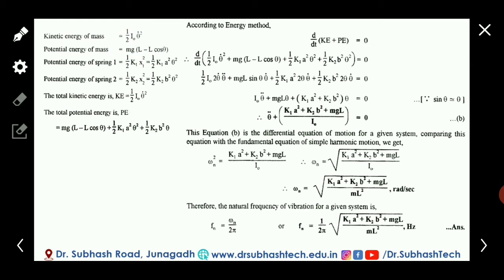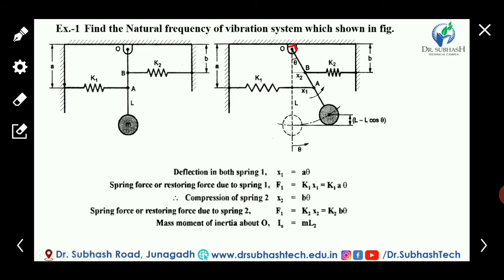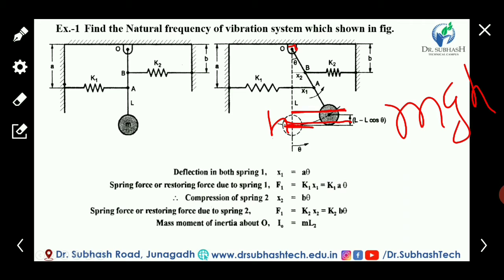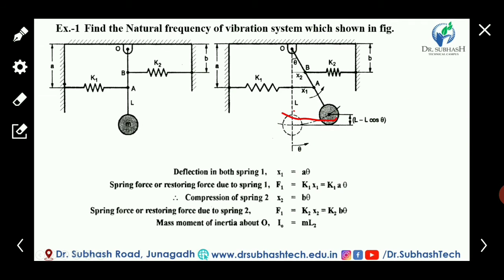Now the potential energy of the mass is mg into (L minus L cos theta). How does this happen? How is it found? Check that from the figure. The potential energy due to the height difference is mgh, and h is defined by this height. So we have to find out this height. First of all, we take this triangle and find this distance.